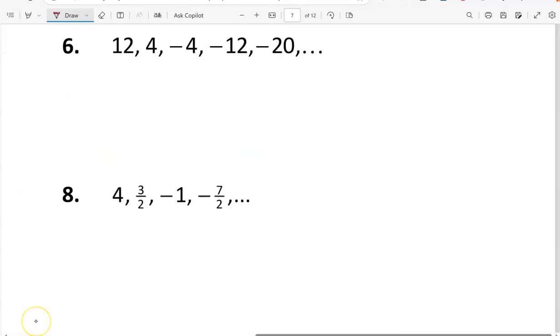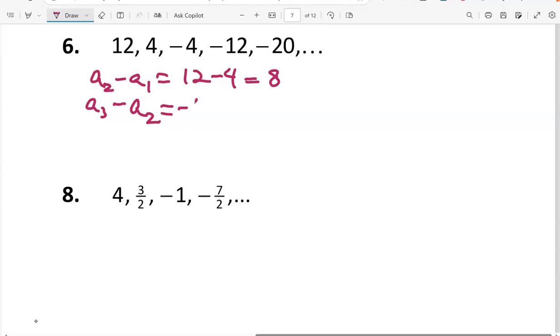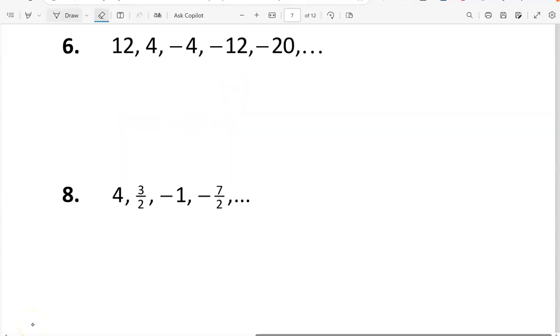In 6, there is a common difference. A sub 2 minus a sub 1 is 12 minus 4, which is 8. A sub 3 minus a sub 2 is negative 4 minus 4. Let's start again.